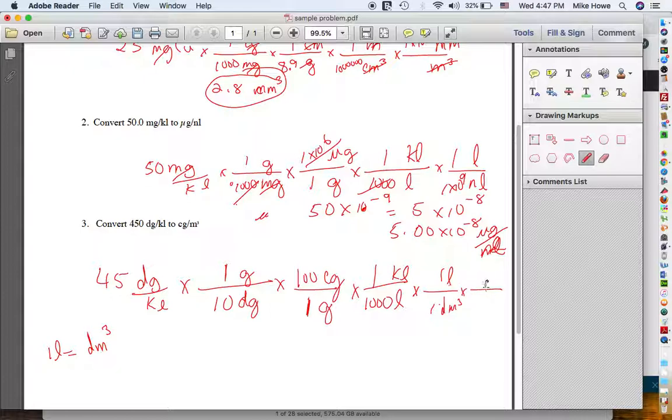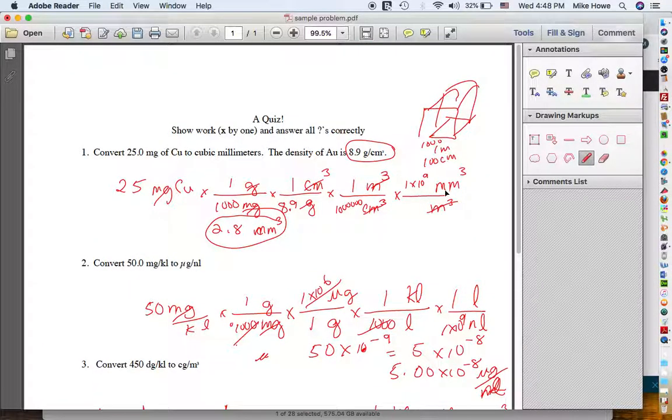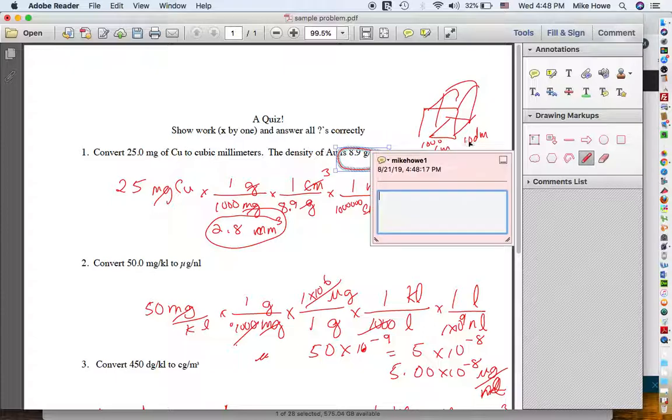And then you can put cubic decimeter on top and cubic meter on the bottom. So going back to our little cube, remember that if it's 1 meter on the side, it's also 10 decimeters on the side. So then you'd have 10 times 10, so 10 over, 10 up, and 10 down.